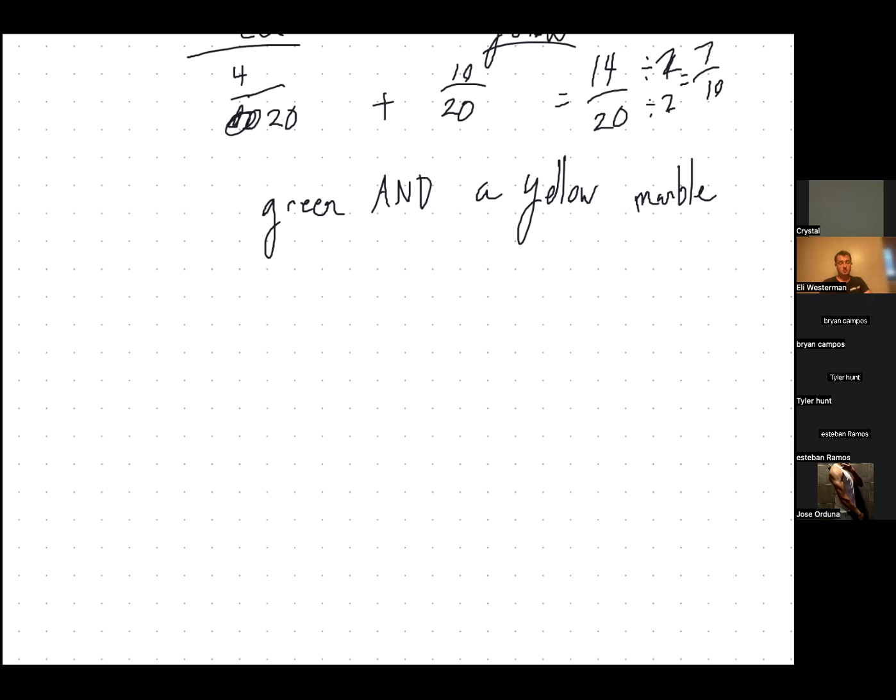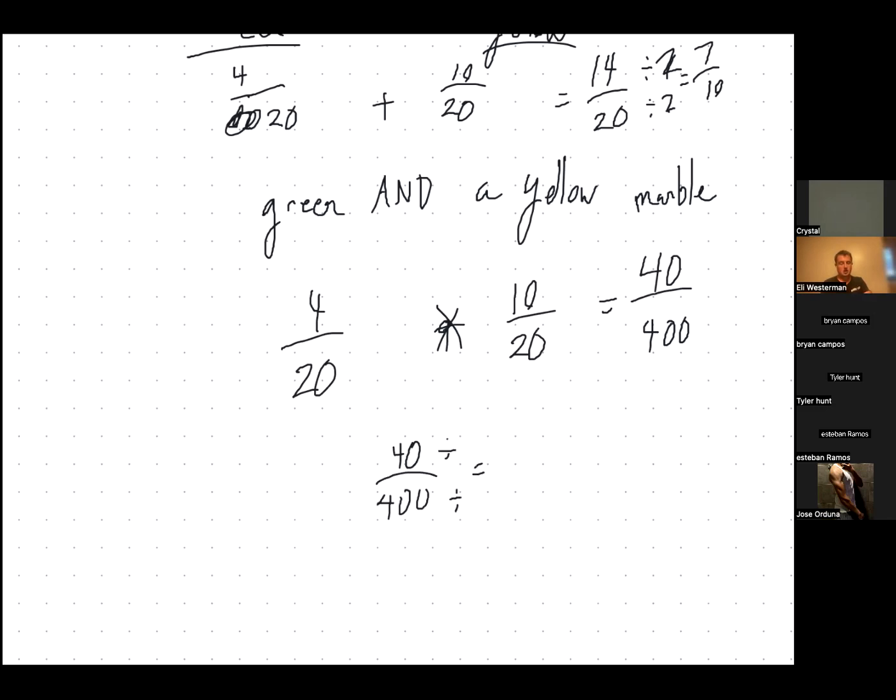So probability of a green is 4 over 20. Probability of yellow is 10 over 20. Now we multiply. That's 40 over 400. We can divide each by 4, and we get 10 over 100. And then we can divide these by 10, and we get 1 over 10. So 1 over 10 is the answer there.